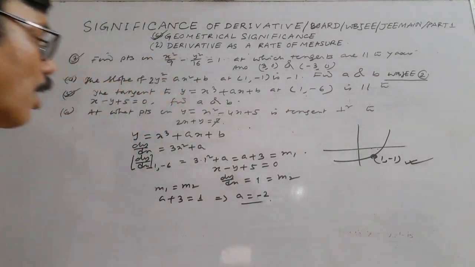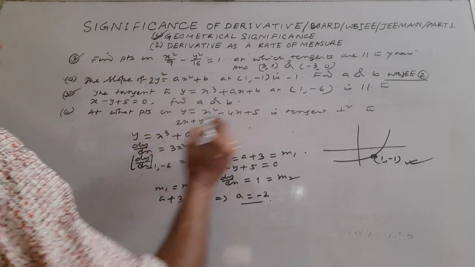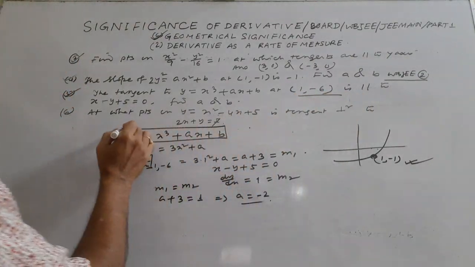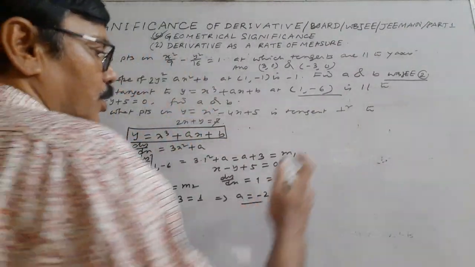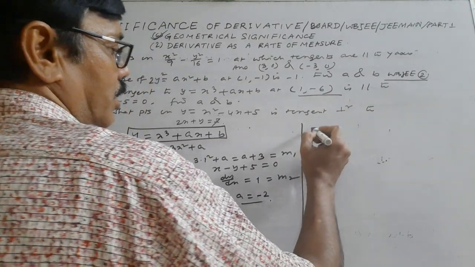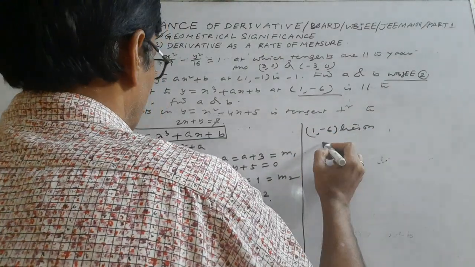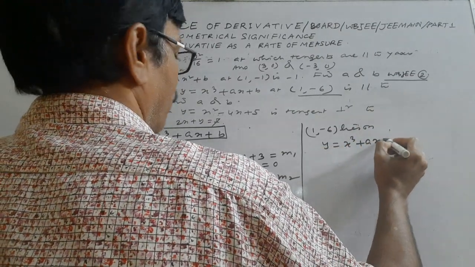Now, as in the previous one, the point (1, -6) lies on the curve, so you get one more condition. (1, -6) lies on y equals x cube plus ax plus b.